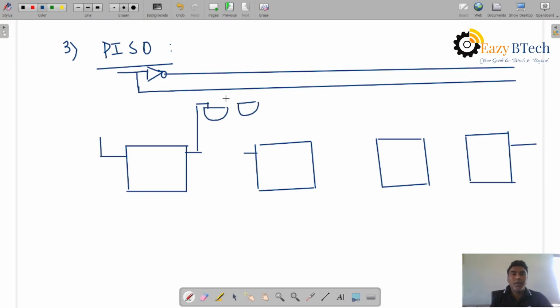Let me draw directly. So this is parallel output data and one path from here and another one. From here to again one AND gate. Here also one AND gate. This is parallel input data from here.